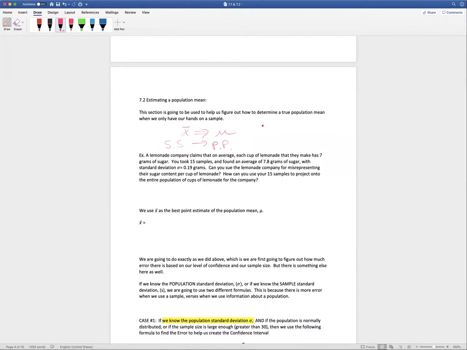The amount of error that we introduce is contingent upon two things: the sample size, which is n, and our confidence level. That is, do we want to be 99% confident, 95% confident, 90% confident? And again, the more confident that we want to be, the bigger our interval becomes.